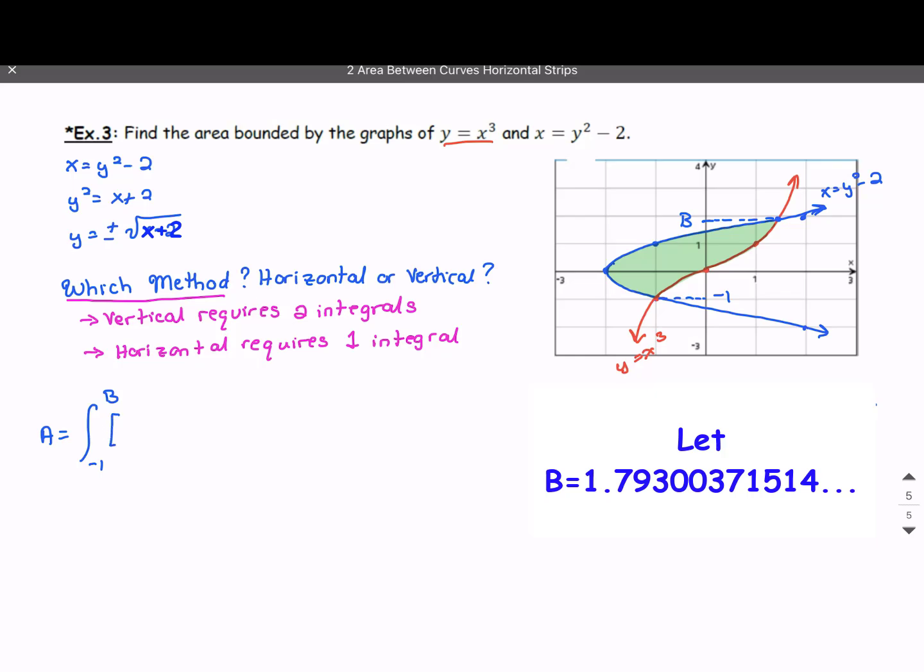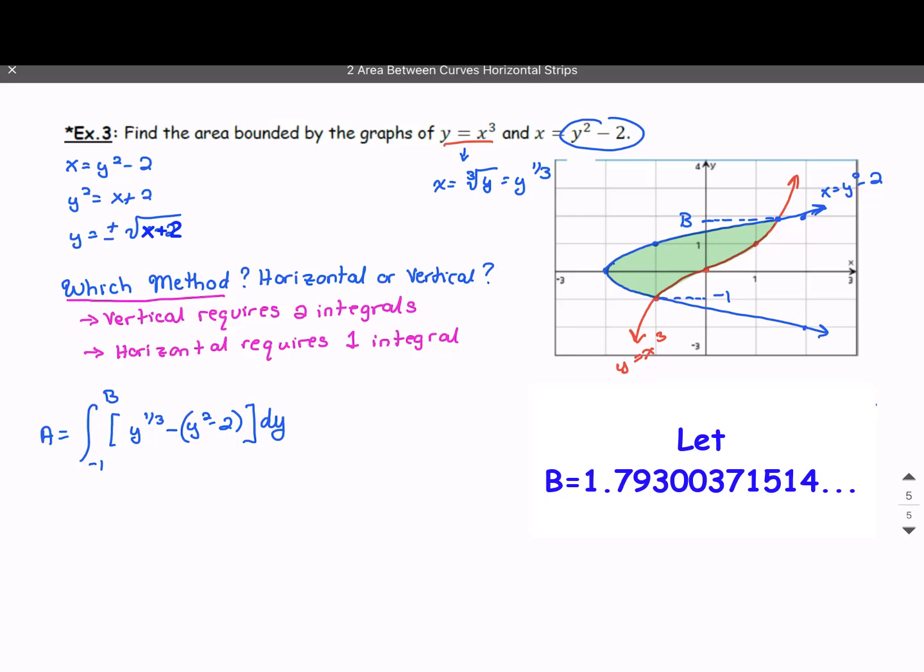Now our curve on the right is y equals x cubed. However, that's not in terms of y. So to solve for x, we would have to take the cube root of y or raise y to the 1/3. So our function on the right is y to the 1/3 minus, and then our function on the left is y squared in parentheses minus 2, so that we remember to distribute that.